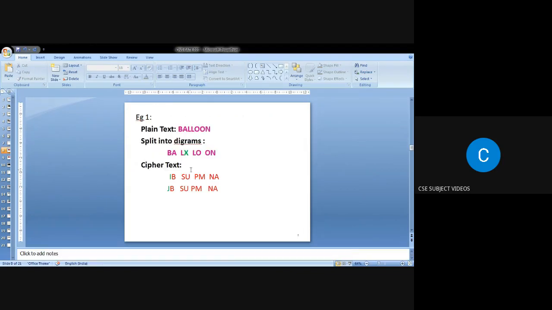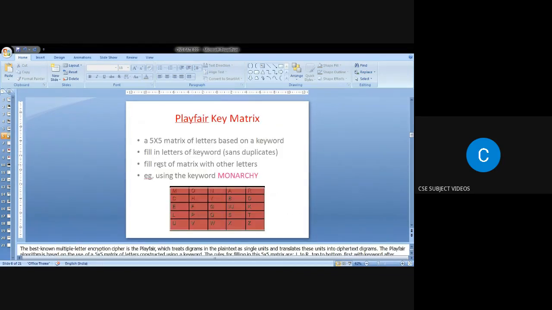Next, L and X. Let us check where they are. L is in the fourth row and X is in the fifth row. L lies in the first column and X lies in the fourth column. So what is the intersection of L and X?